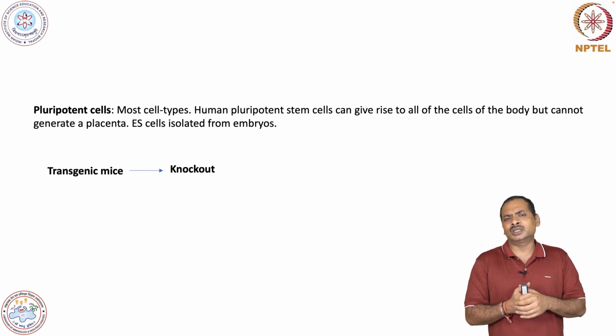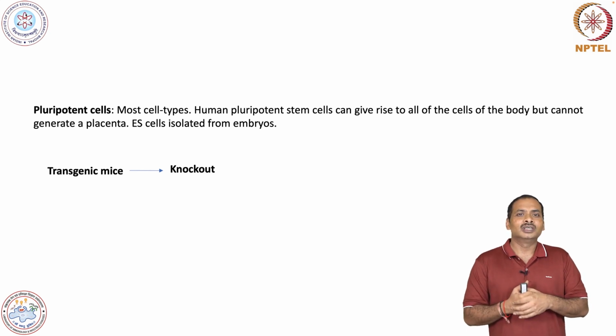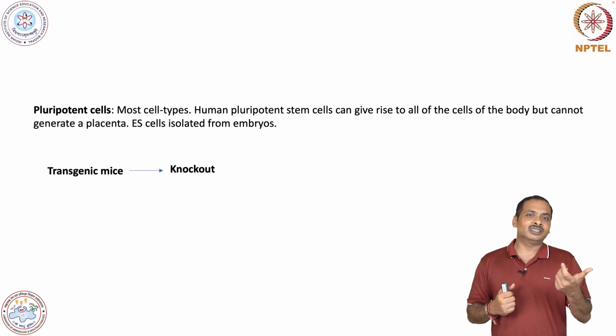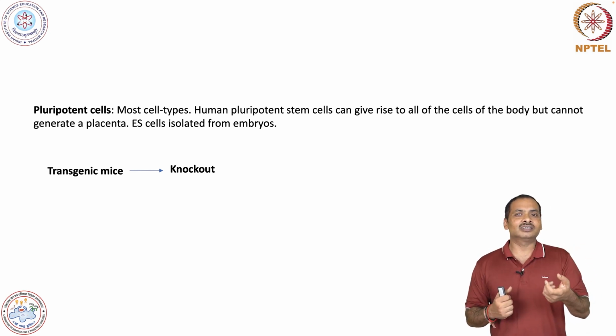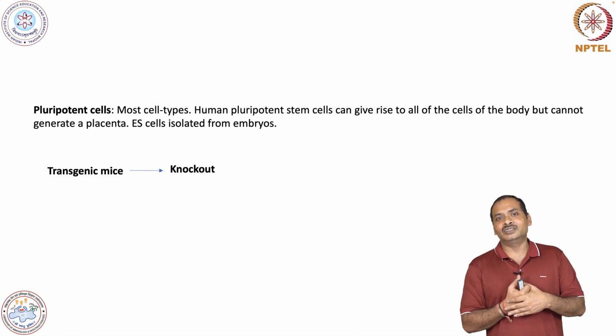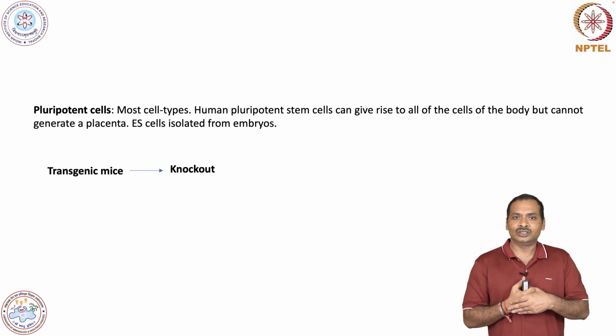Not so easily, it's quite difficult, but it is possible. You can inactivate the gene UTR, or you can inactivate the exon, and in that way this gene will be inactivated, and we call this kind of mouse a knockout mouse.